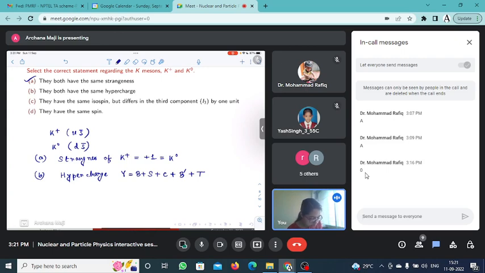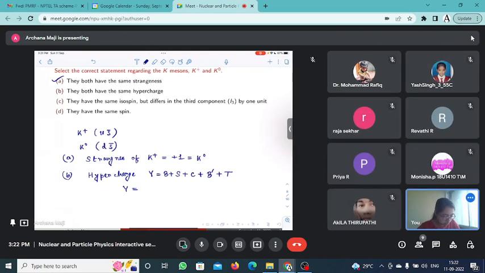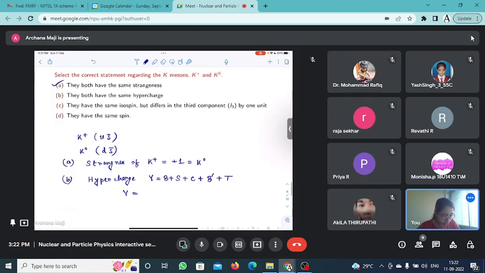So what will be the hypercharge for K plus and K0? So baryon number, what is the baryon number of any meson? 0.